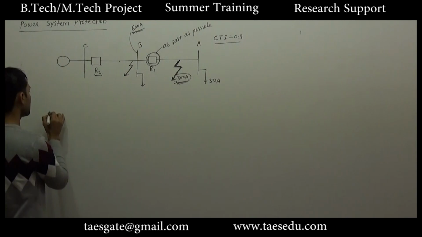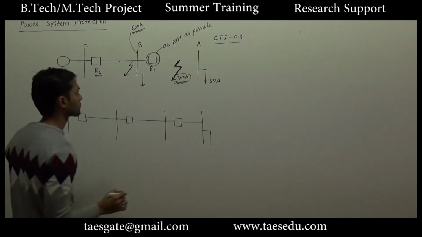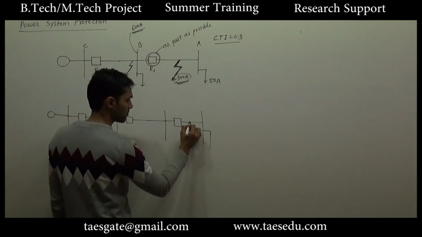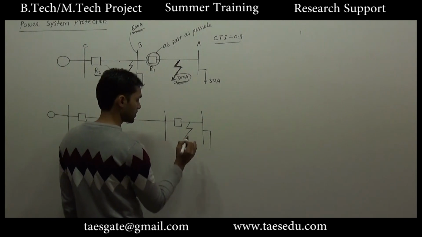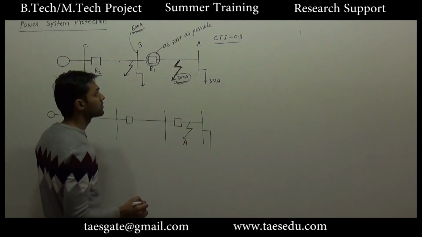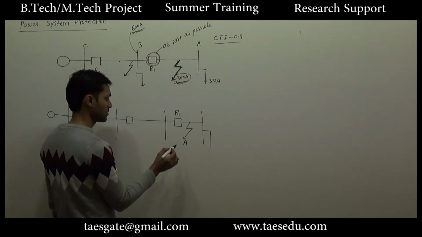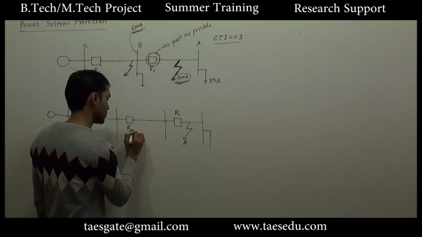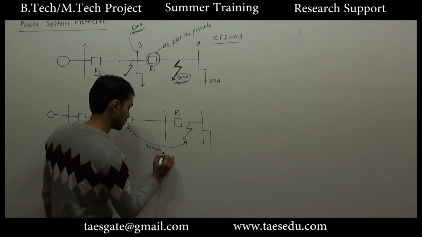Similarly, if you have more buses, there may be a fault at this point. Let's say this is point A. So for this fault at A, R1 will provide primary protection and R2 will provide remote backup protection.